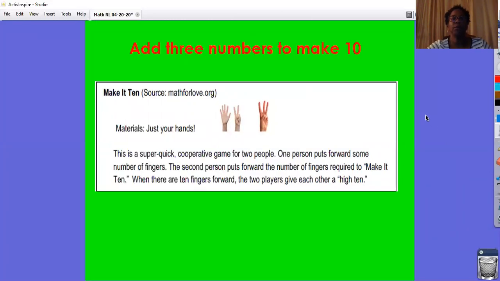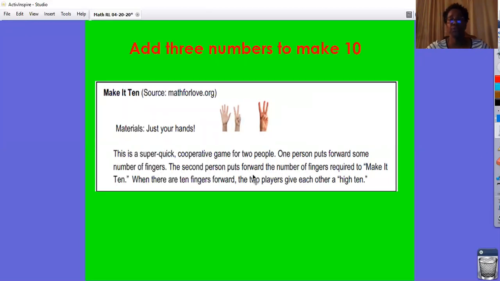Now we are going to add 3 numbers to make 10. Make it 10. Materials. The things you will need for this is just your hands. This is a super quick cooperative game for 2 people. One person puts forward some number of fingers.